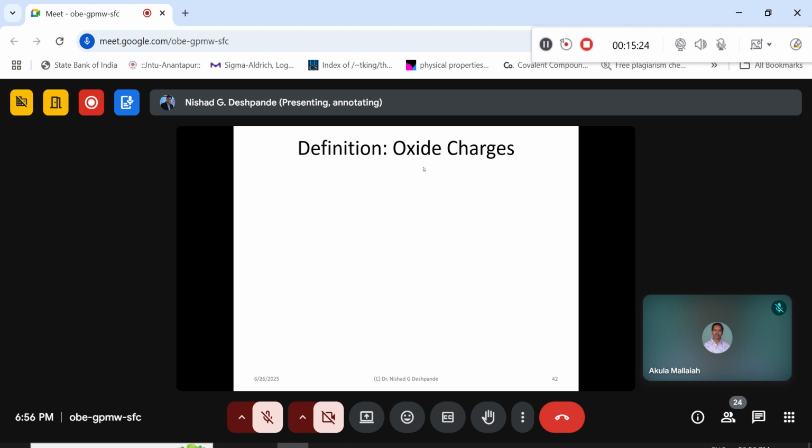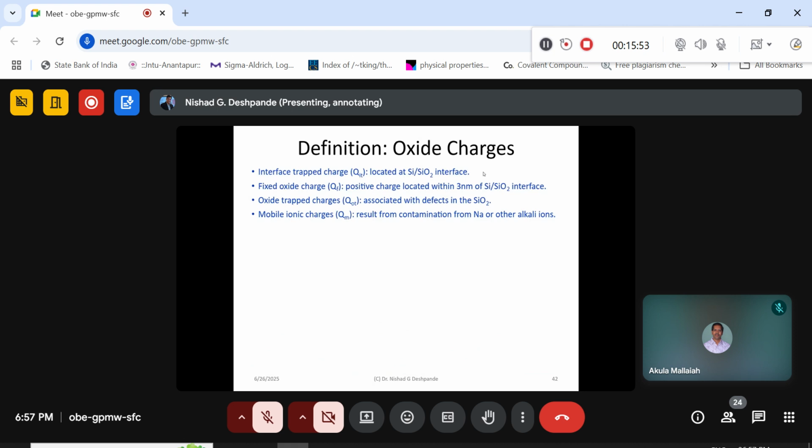Most of the time when you're trying to grow very thin layers, it is essential that a controlled growth takes place. Rather, I would say that it is necessary for us to understand the growth with respect to the oxide charges. So we'll try to understand what these particular oxide charges are.